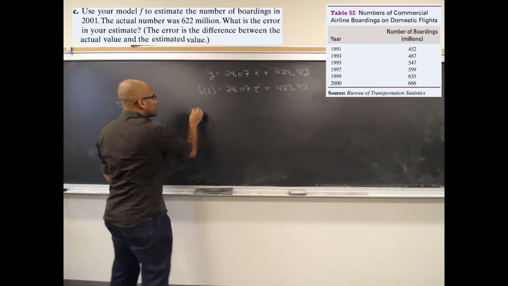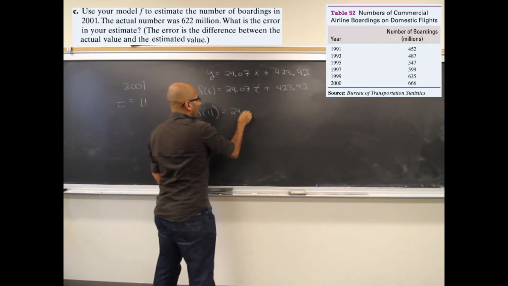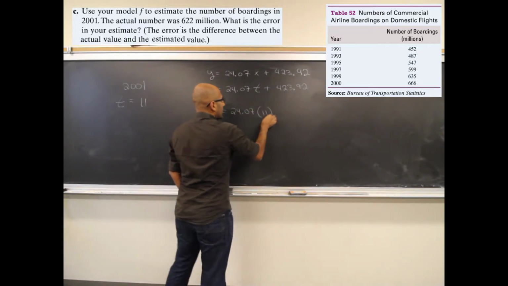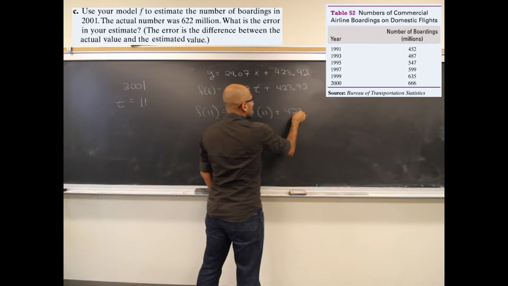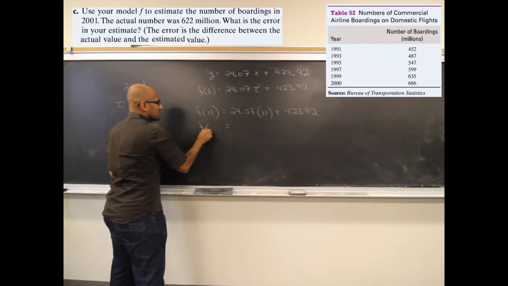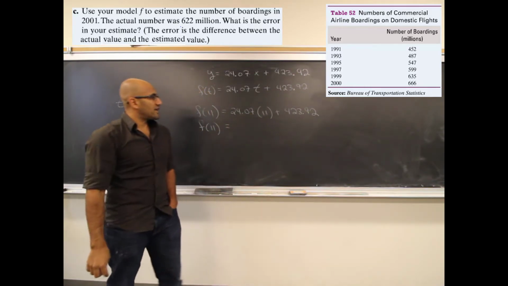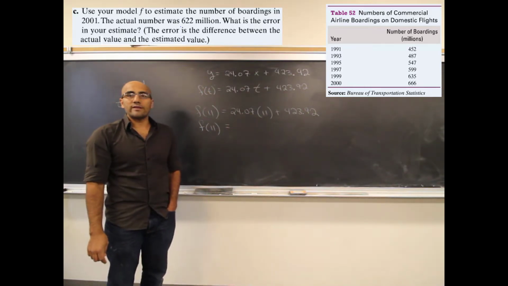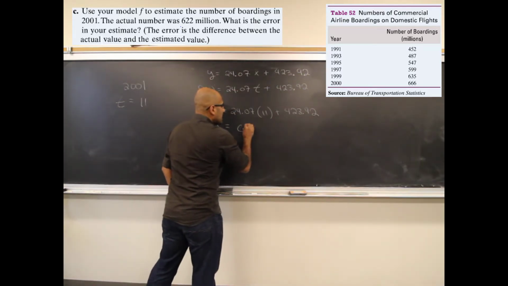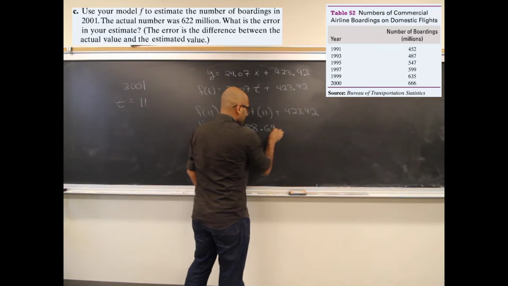So all we have to do is evaluate this function at 11, which is 24.07 times 11 plus 423.92. What's 11 times 24.07 plus 423.92? 688.69.